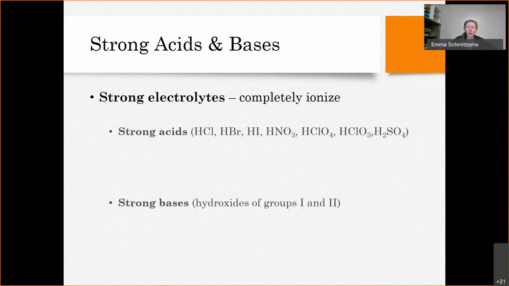Now, if we look at how they behave in solution, it's similar to what we've already been looking at. So if we have HCl, this is our most common example, but you can write a similar reaction for any of them. So you have your strong acid, in this case HCl, and when it's added to water, it completely splits apart.